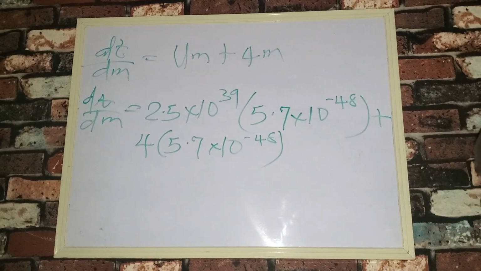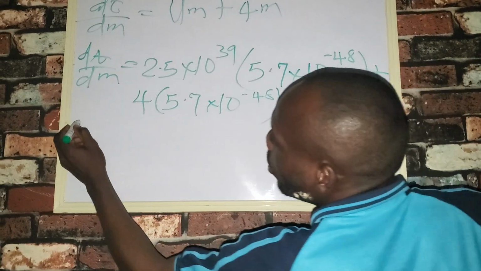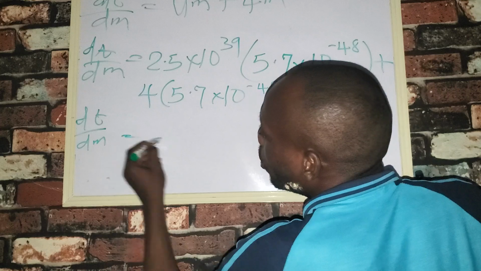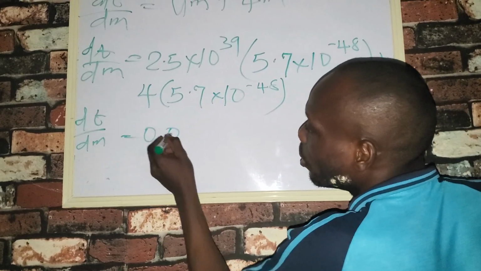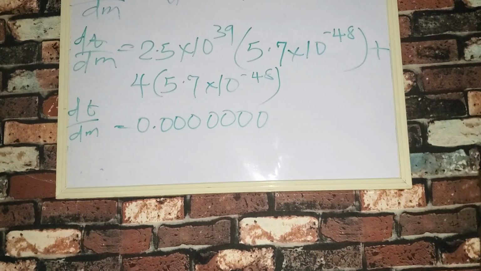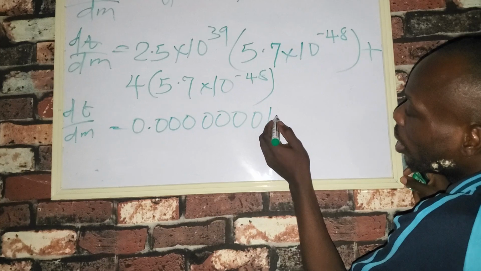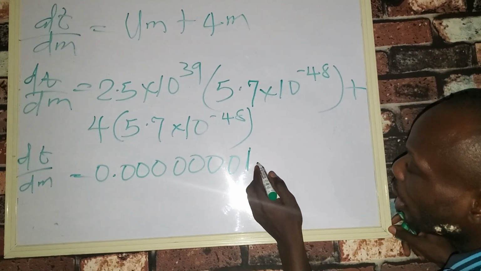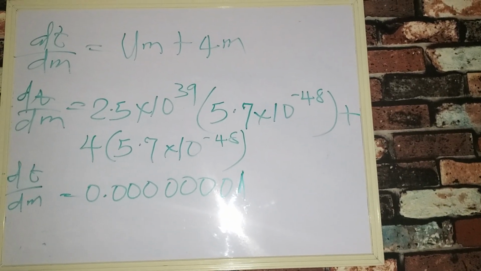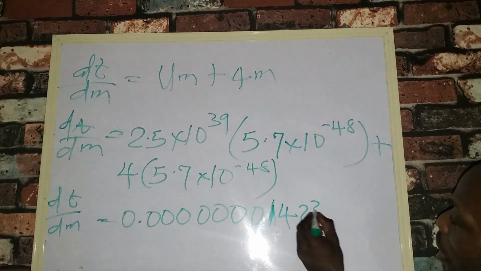So good. So right now, by the time we multiply this, we're going to have 0.0000000, then 1, 4, 2, 3.